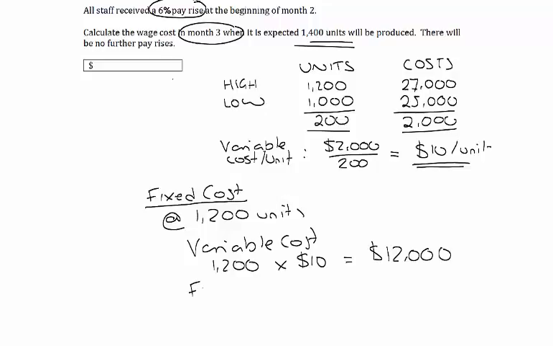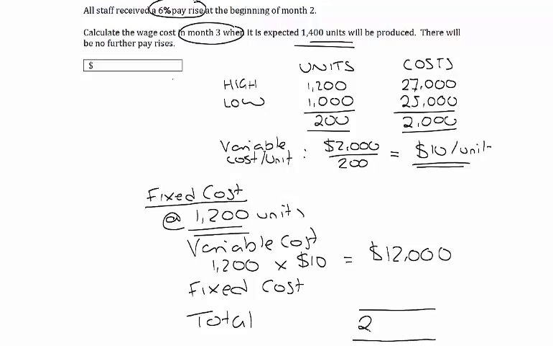We then need to work out our fixed cost, but we do know that the total cost at the high activity is 27,000. Therefore, the difference should just be the balancing figure between the two. So our fixed costs should be 15,000.